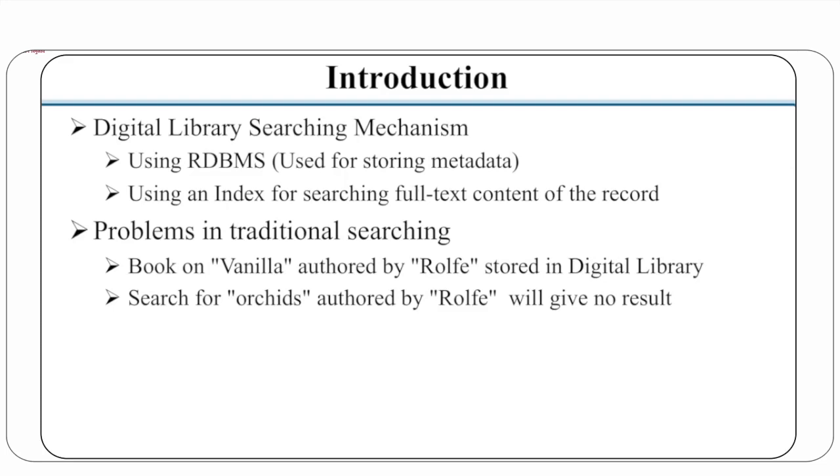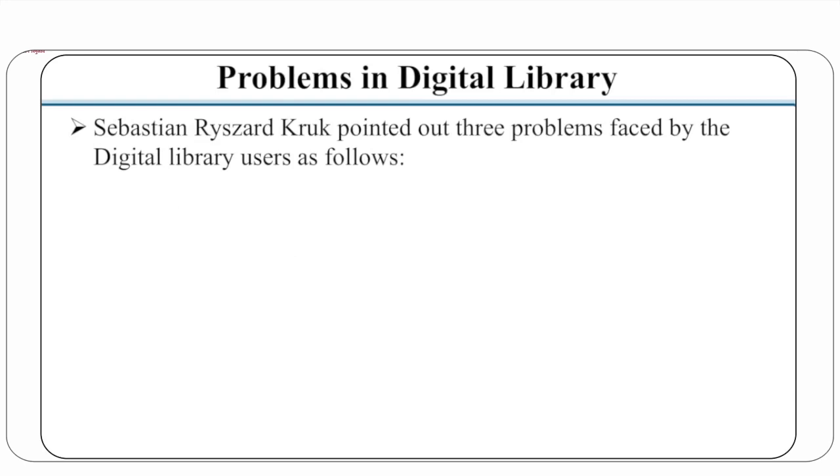The additional flexibility and search capability represented by such a technique make a semantic digital library much more valuable than a traditional digital library for an average user. Sebastian Reisert-Kruk pointed out three problems faced by the digital library users as follows.